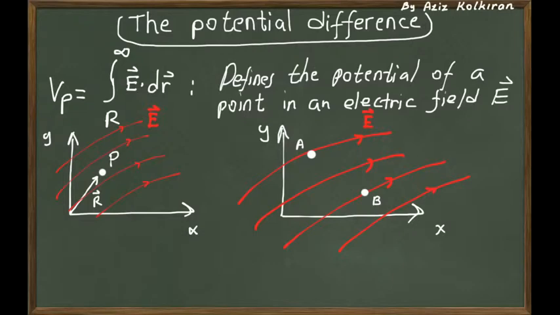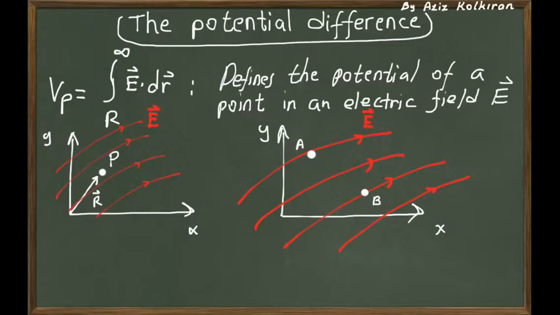And the question is, what is the difference of the potential of these two points? The potential difference is very important in physics, as you will realize as time goes by.